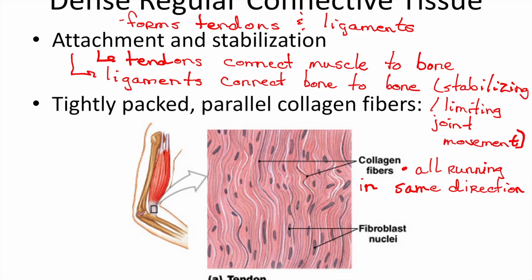Which provides a substantial amount of strength in the direction that the fibers are oriented, but they're susceptible to damage if a force is applied perpendicular to the orientation of the fibers.